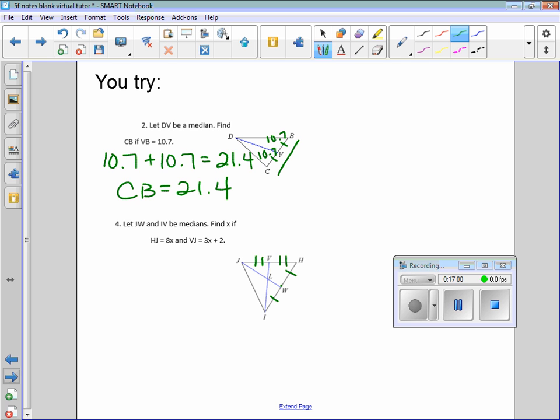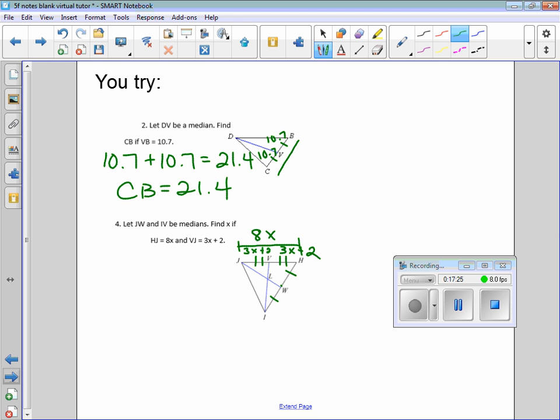So they want us to find X if HJ, which is all the way across here, is 8X, and VJ is 3X plus 2. Well, VJ is congruent to VH, so that means VH is also 3X plus 2.